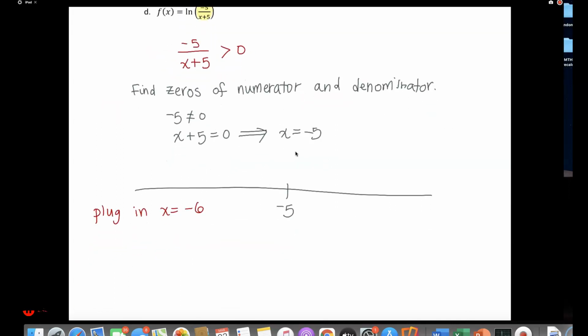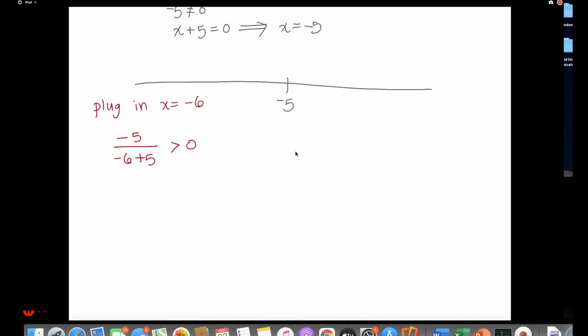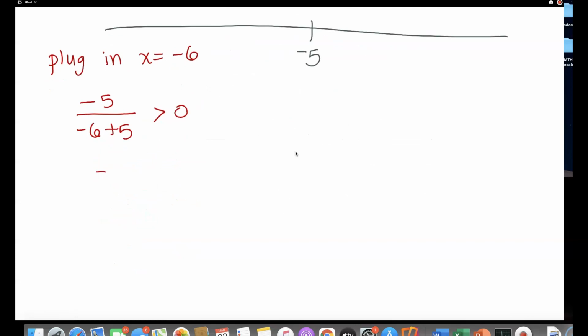So, -5 over -6 plus 5. Is that greater than 0? Let's see. That is -5 divided by -1. Is that greater than 0? Yes, it is, because +5 is greater than 0. So this is true.